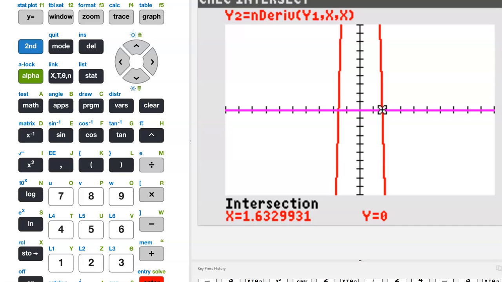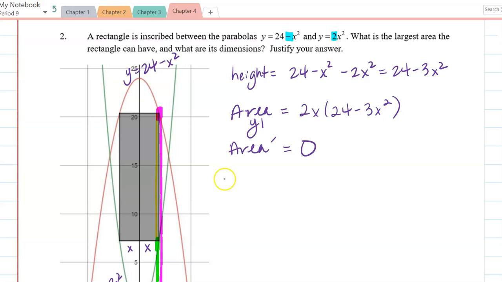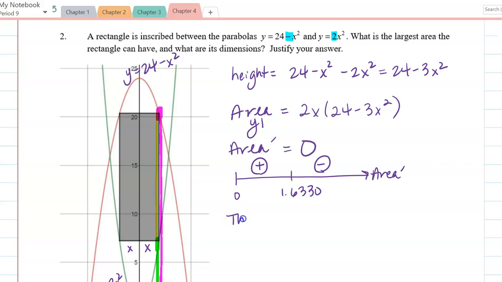All right, so x is equal to 1.6330. And the derivatives were positive before and negative after. So now we're ready to write our sentence.